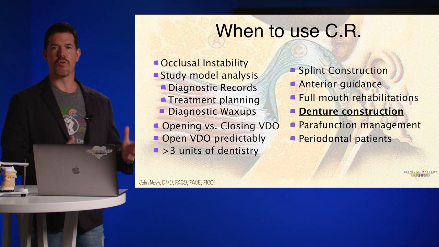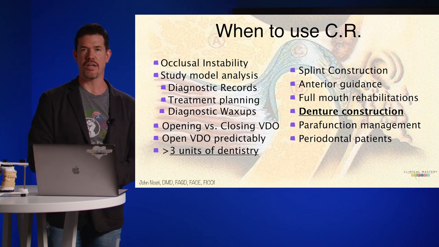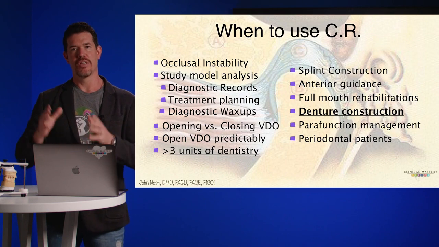Most importantly, in summary, if I'm doing more than 3 units of indirect dentistry, I'm going to analyze where that patient's centric occlusion position is, and I'm going to get centric occlusion and maximum intercuspation to coincide with one another.